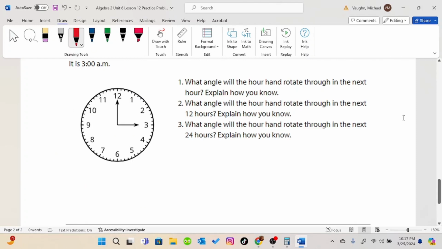It is 3:00 a.m. Number 1. What angle will the hour hand rotate through in the next hour? Explain how you know. The hour hand is going to rotate from the 3 to the 4.